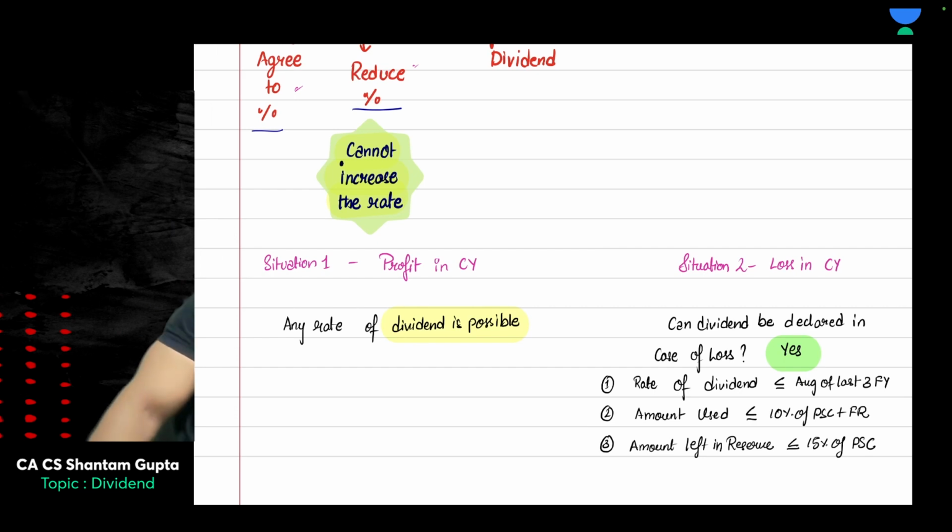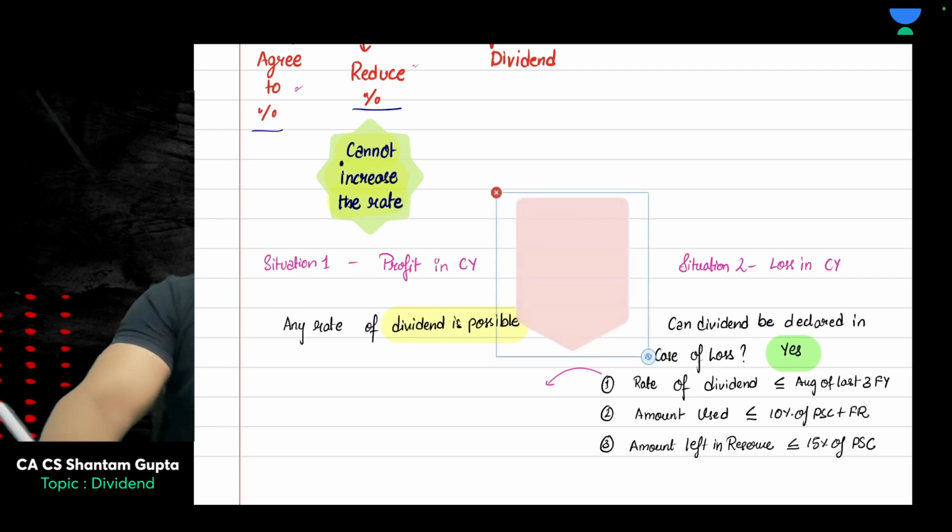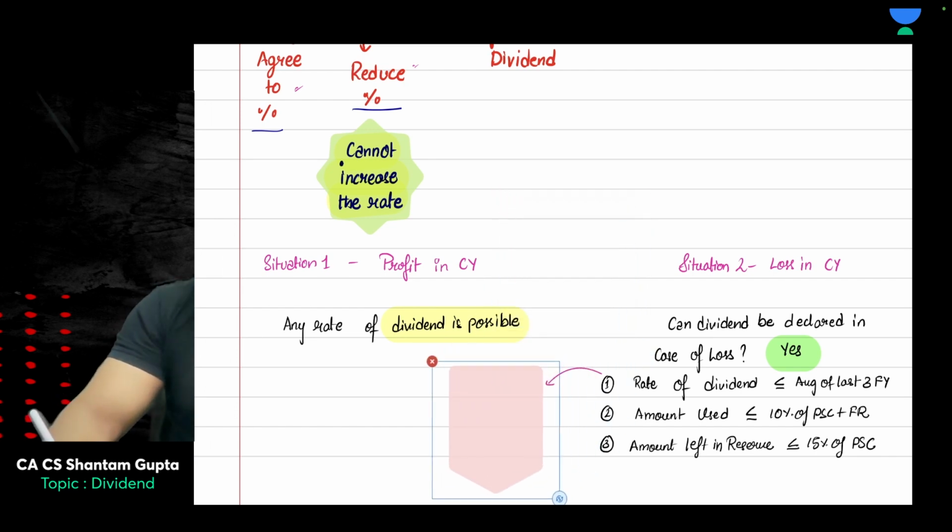Quickly copy. And here you can put an arrow and write the important point related to point number 1.